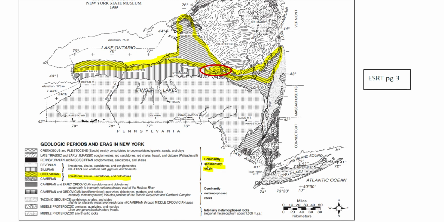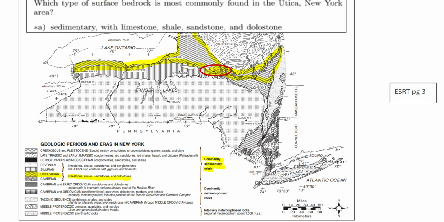Ordovician period is dominantly sedimentary rocks, and this is where it tells us what specific rocks there are. So limestone, shale, sandstone, and dolostone. That's why the answer is A, sedimentary with limestone, shale, sandstone, and dolostone.